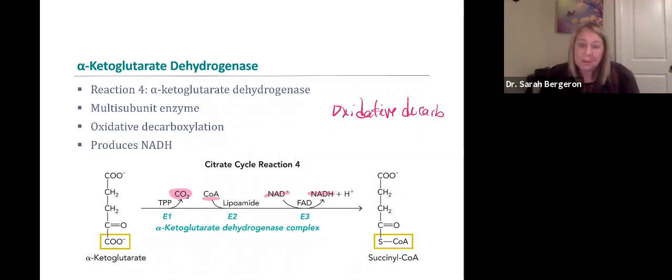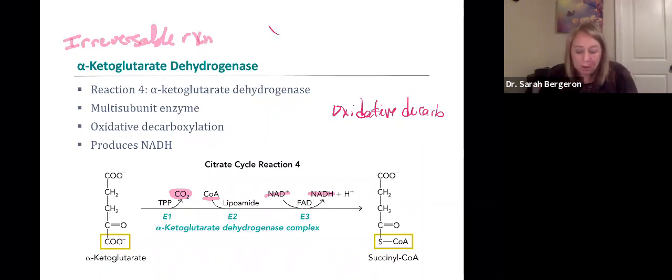And we're going to end up with a substrate now, in this case, that has 4 carbons attached to a CoA molecule instead of 2 in the previous. But it's the same thing where this is also, right, a very high negative delta G reaction. So this is another irreversible reaction, right? So this one is another good point for regulation.